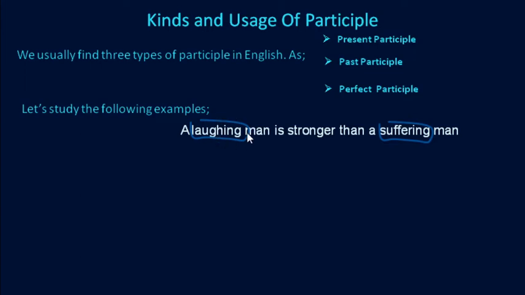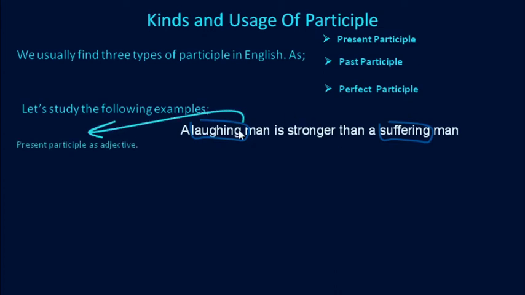Only an adjective can qualify a noun or pronoun, and that adjective is called a participle. You call it a present participle when the verb is added with ing.